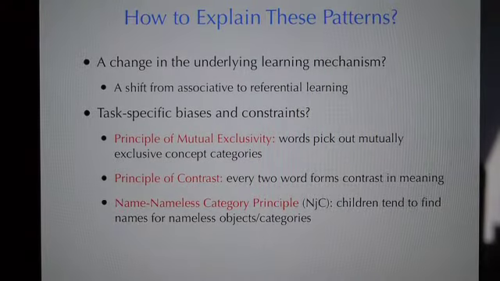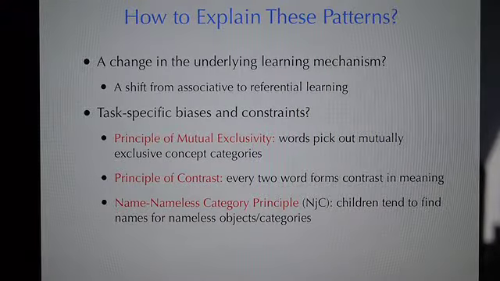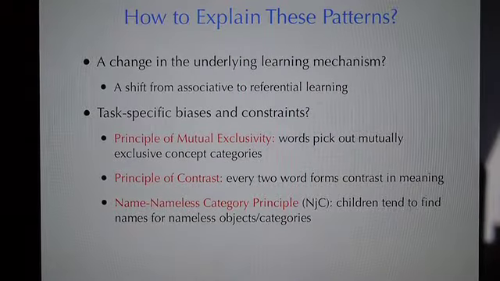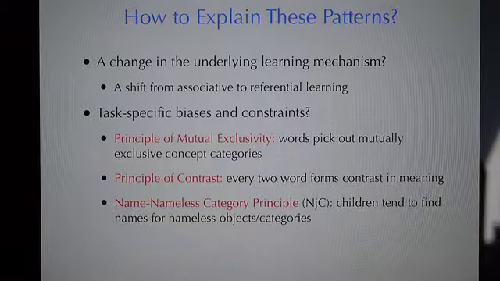As I said before, there's also a bunch of task-specific biases and constraints that have been proposed. For example, it has been proposed that children follow a principle of mutual exclusivity. They assume that words have different meanings from each other. And therefore, that's why they show this fast mapping pattern.